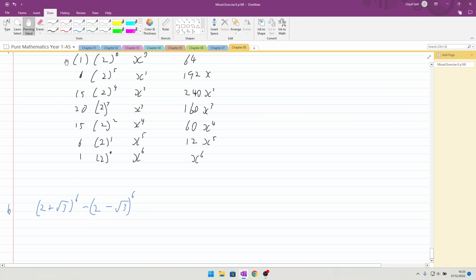So we are going to have 64. So doing the 2 plus 3, we're going to have 64 plus 192 the square root of 3 plus 240. Now square root of 3 squared is going to be 3, so 240 times 3 is 720. Okay.